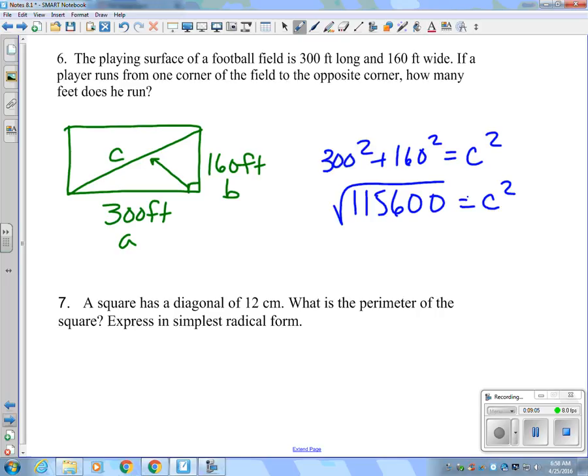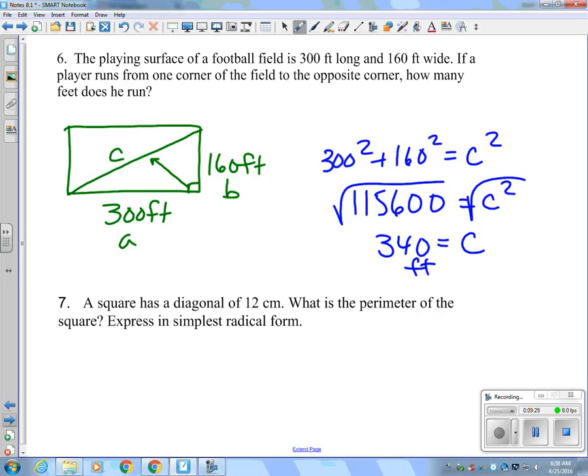Then if I square root that answer, I get a really nice number of 340 feet. And so what it ends up telling me is that this is a Pythagorean triple, that I have nice whole numbers that all come out evenly, and that the distance across that diagonal is just a little bit longer than the field.